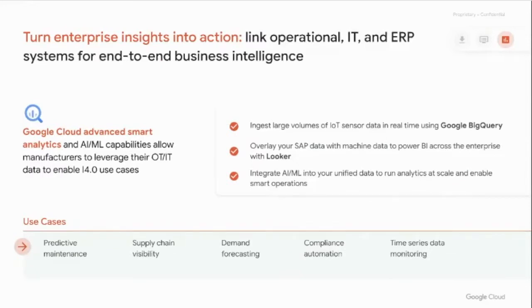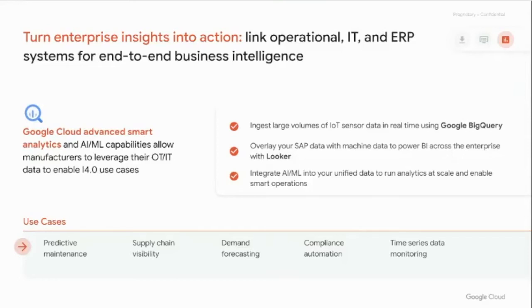The third part of our smart factory solution is all about generating actionable insights from disparate sources of data, be it IoT sensor, your SAP functional systems, or your own business data. On that note, it's important to call out that more and more organizations today are moving their SAP workloads to Google Cloud due to the flexible deployment options, business friendly pricing, and reduced overall total cost of ownership.